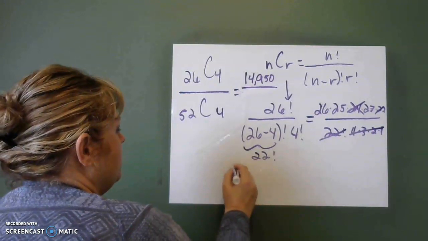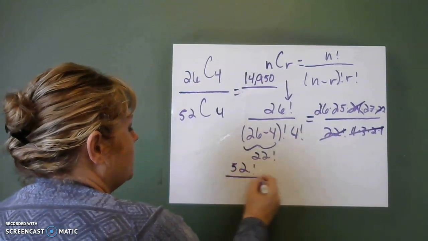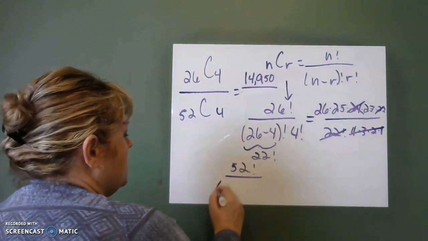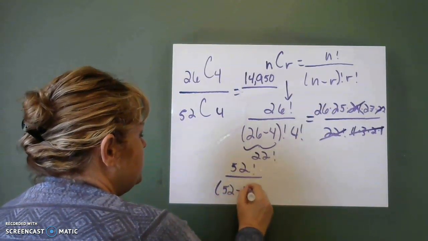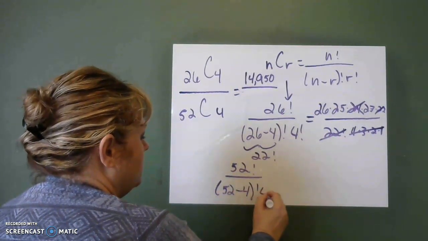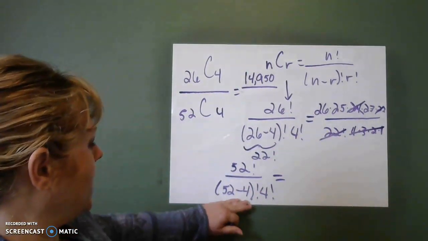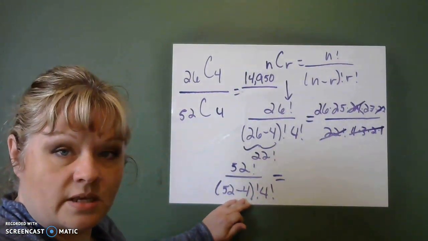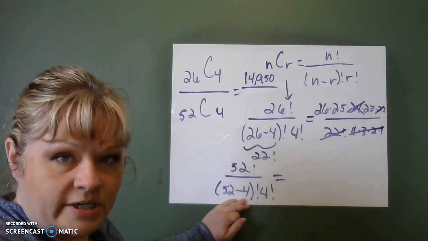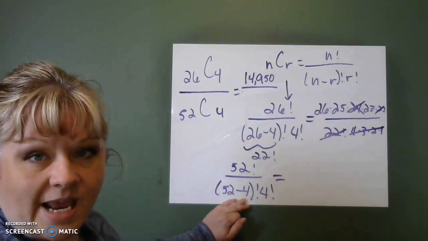So we've got 52 factorial over (52 minus 4) factorial, 4 factorial. So what I need to do here is think about what this is. 52 minus 4 is going to be 48.